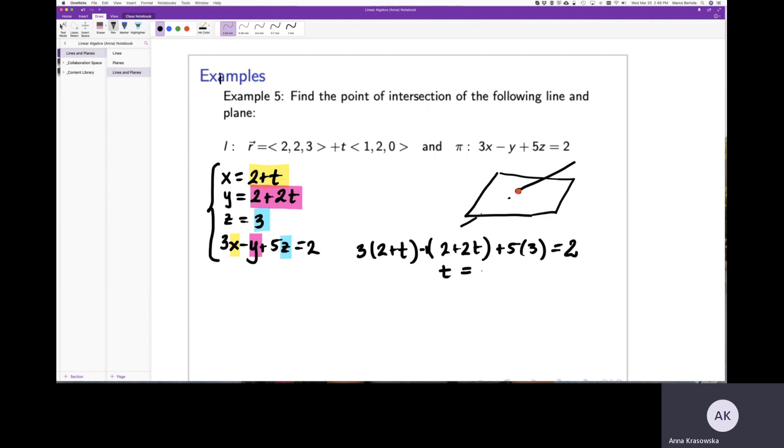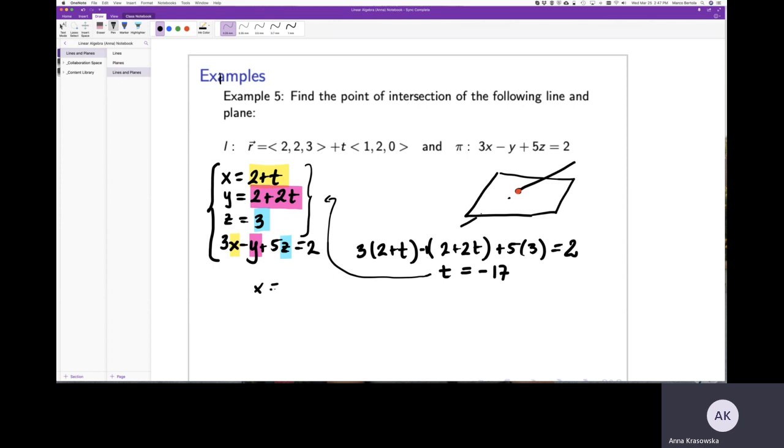Please do that quickly. How many t's do you have? You have 2 minus 2, 1t is equal to minus 17. Once we have it, if t is minus 17, we can replace it in the first three equations.